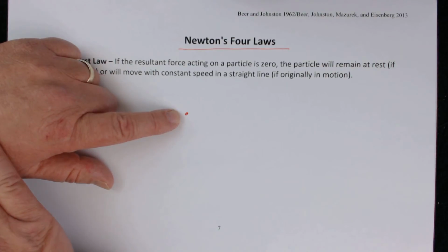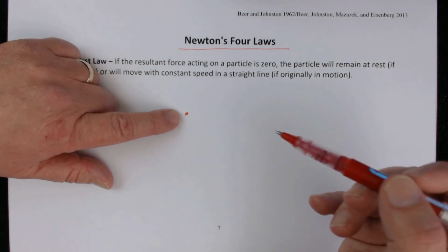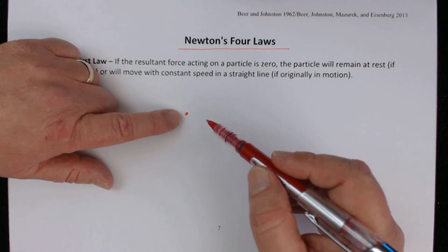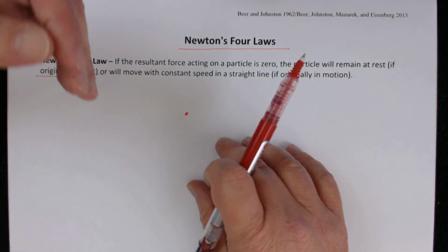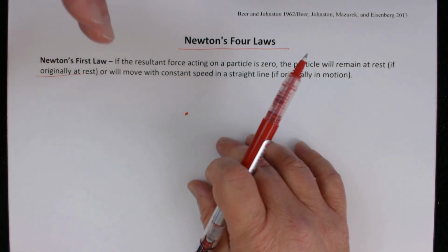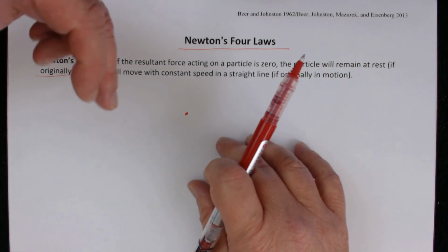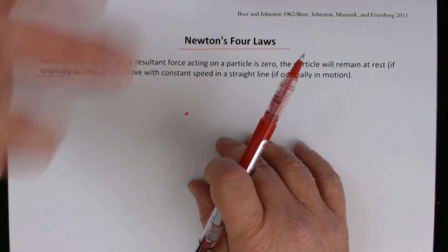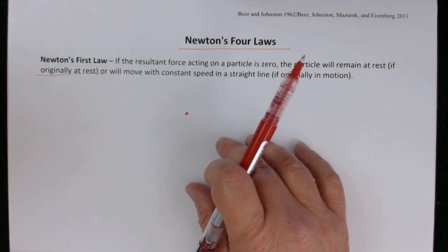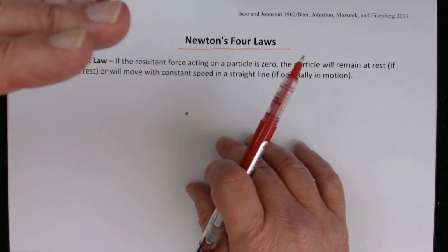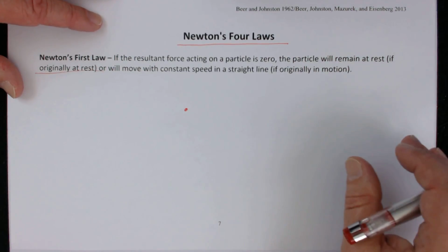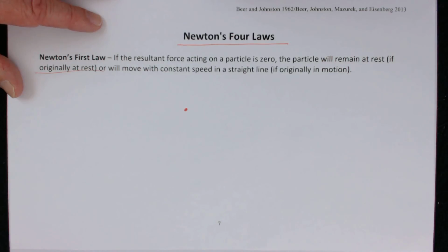Well, nowhere that we know, but we have conceded that if we are on the surface of the Earth and I attach a reference frame to that, it is good enough for most of the problems that we work. And so if the particle is at rest with respect to a reference frame on the surface of the Earth, it stays at rest. If it's going in a straight line at constant speed, it'll just keep going at a constant speed. So that's what Newton's first law says. It's as simple as that.